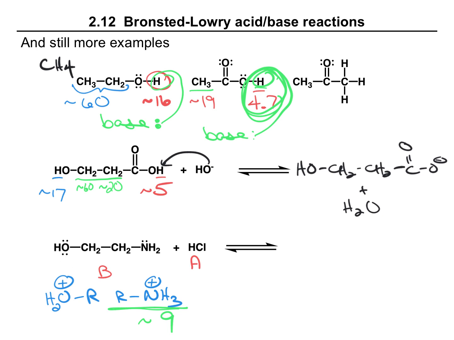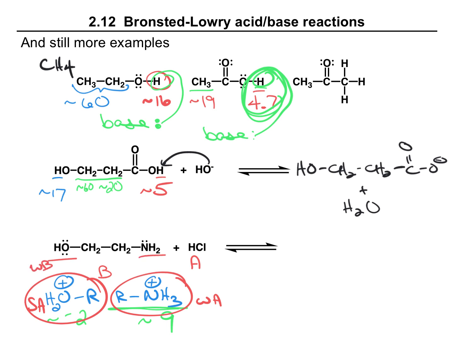With an alcohol, we can think about a protonated alcohol, and we saw one on the previous slide, and that had a pKa of about -2 or -3. So we're looking at a conjugate acid with a pKa of 9, or a conjugate acid with a pKa of -2 or -3. That makes this one the stronger acid, and therefore this is the weaker acid, which means this would be the weaker base, and this one would be the stronger base.